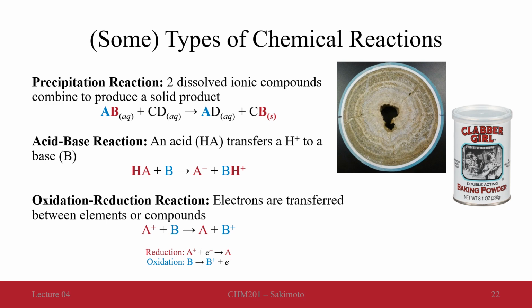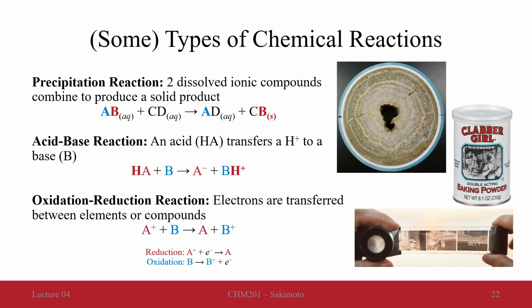And then finally, these oxidation reduction reactions are quite important to a lot of modern technology. Every battery is built around oxidation and reduction reactions, the movement and transfer of electrons.